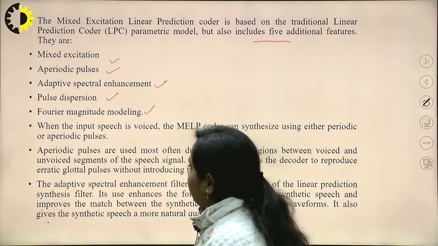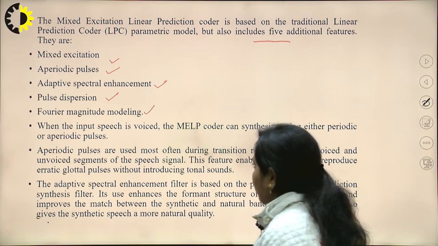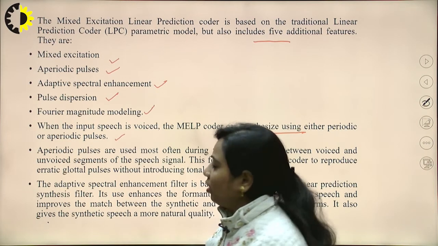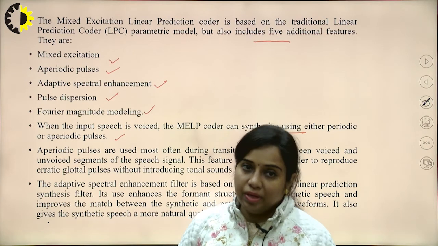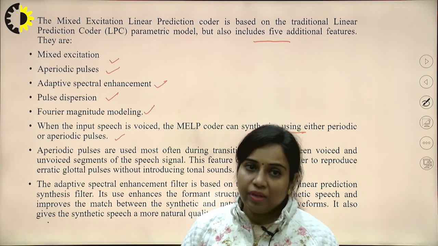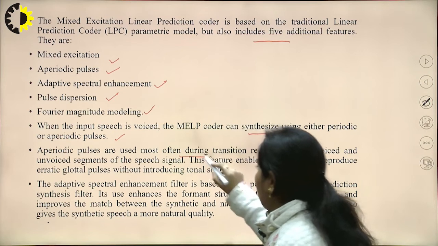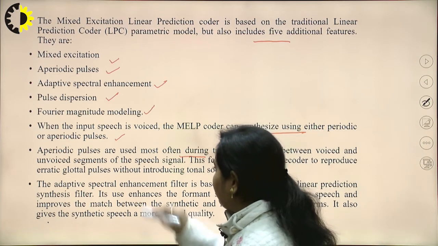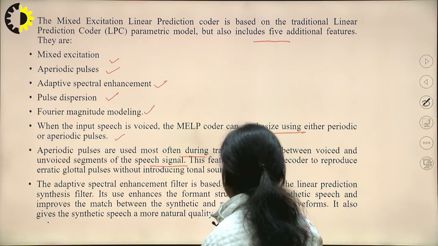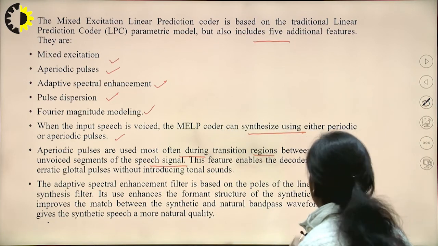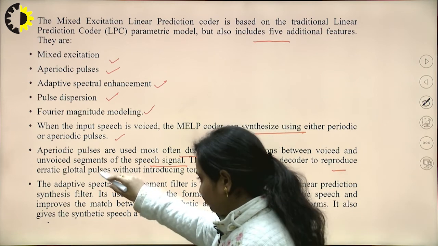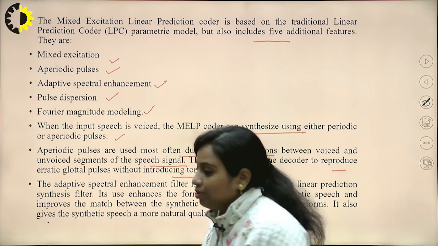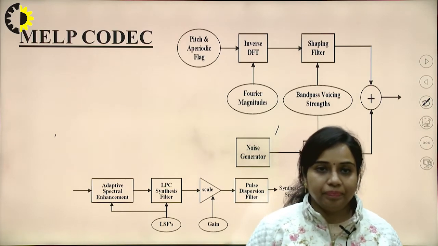So when the input speech is voiced, the MELP coder can synthesize using either periodic or aperiodic pulses. Aperiodic pulses are used most often during the transition regions between voiced and unvoiced segments of the speech signal. This feature enables the decoder to reproduce the erratic glottal pulse without introducing tonal sound. So this is the explanation of MELP.